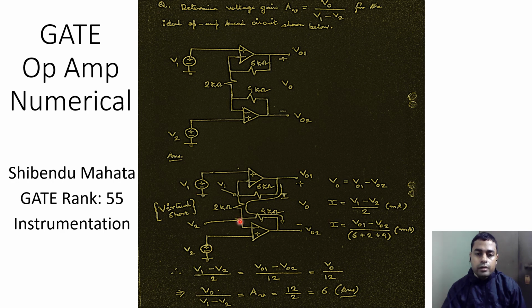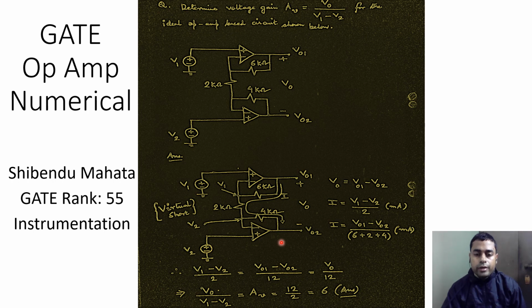Similarly, it cannot enter the input terminal of the bottom op amp either, so the only possible path is through this 4 kilo ohm resistance into the output of the second op amp. So this is the path of the current I as it flows from the node V01 to this node whose voltage is V02.